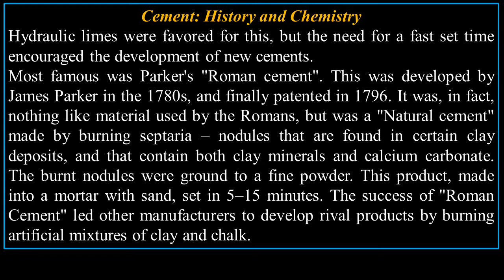The burnt nodules were ground to a fine powder. This product made into a mortar with sand set in 5 to 15 minutes. The success of Roman cement led other manufacturers to develop rival products by burning artificial mixtures of clay and chalk.